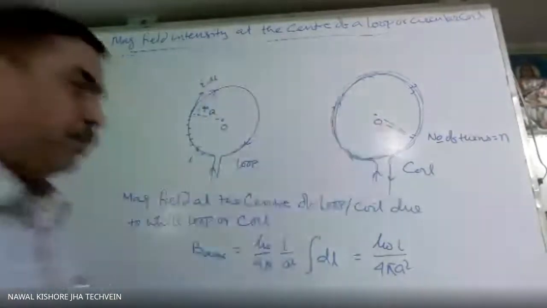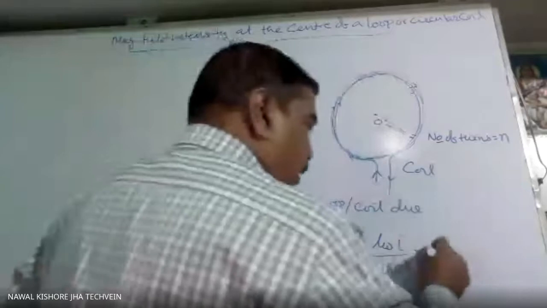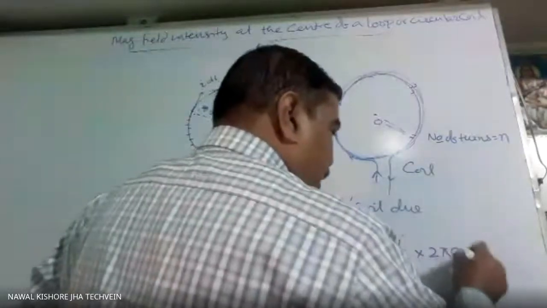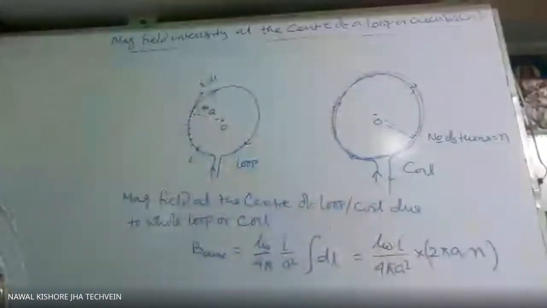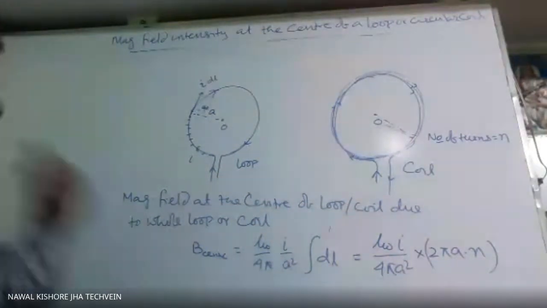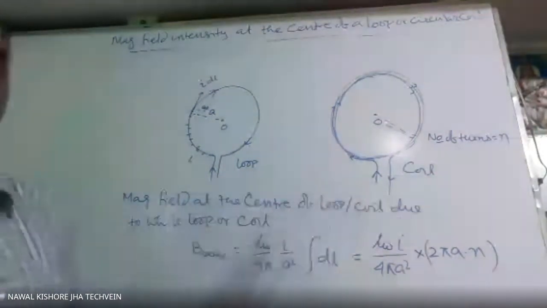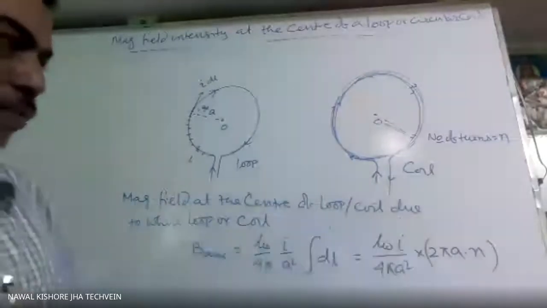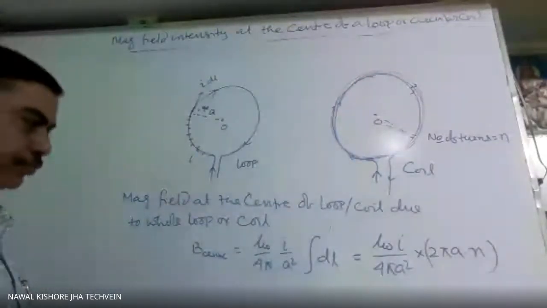So the general formula will be 2 pi A into n. Whether you are doing integration or summation, no problem, because the only variable is the length. So we will take the total length. Now what will come?